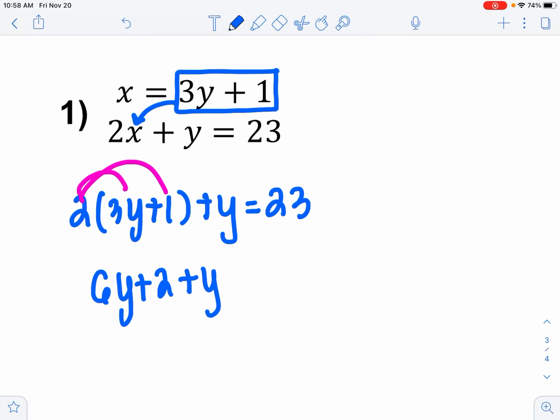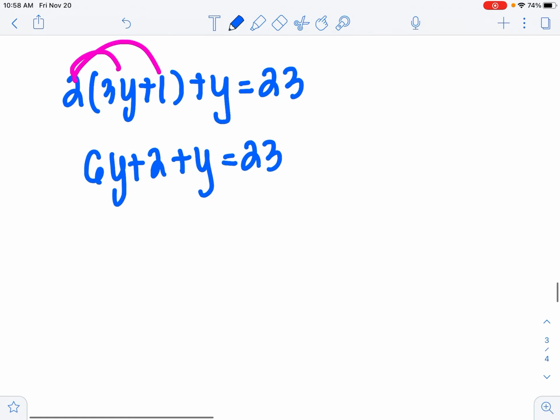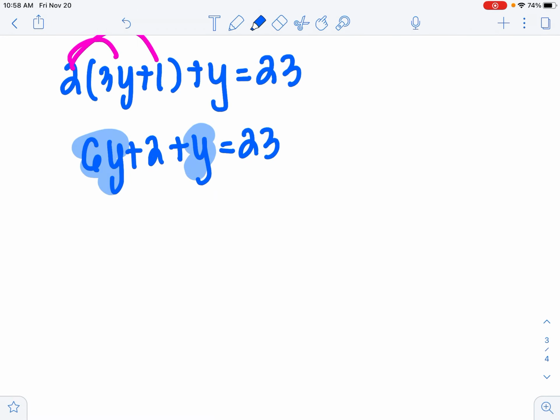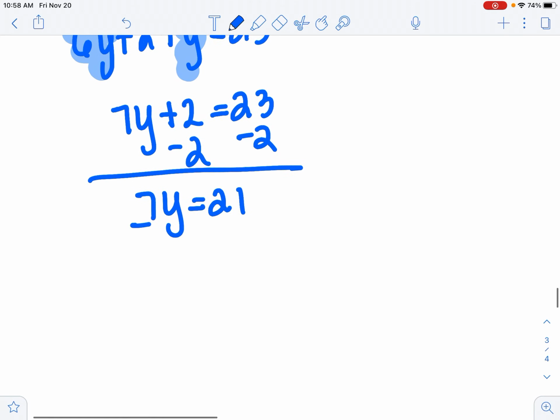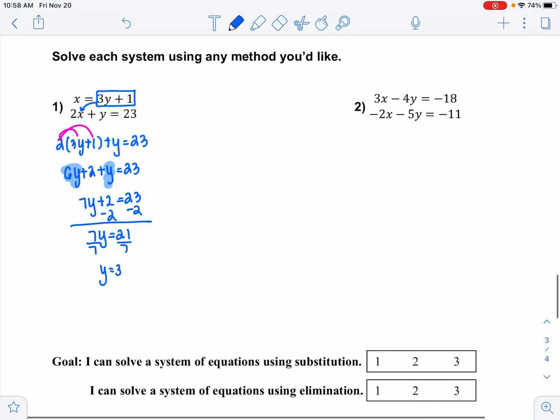I have 6y plus 2 plus y equals 23. I have like terms that I need to combine. 7y plus 2 equals 23. Subtract 2. 7y equals 21. And divide by 7. So I get y is 3.